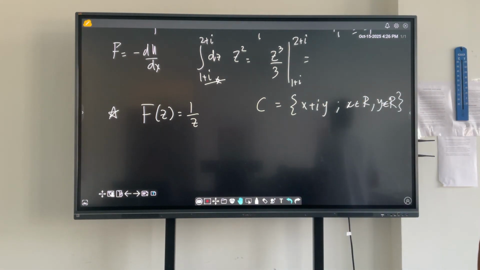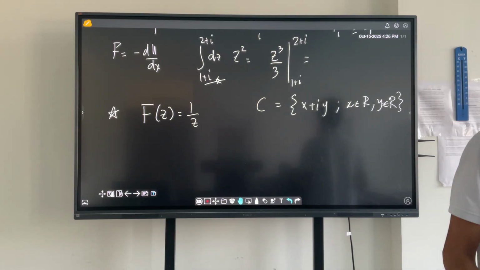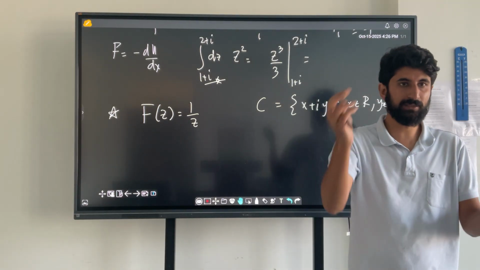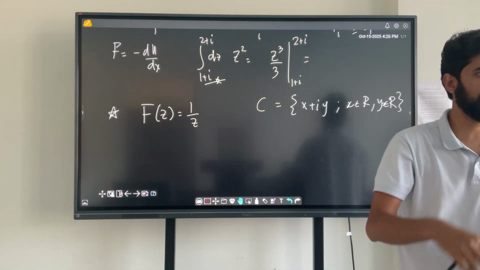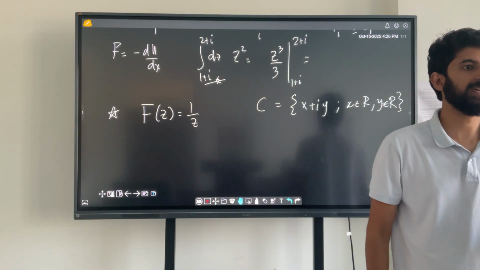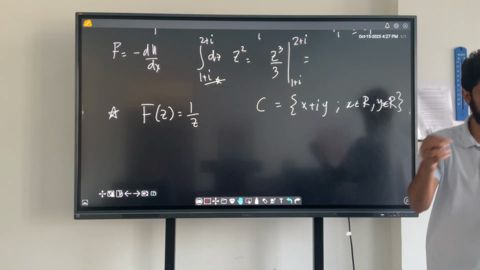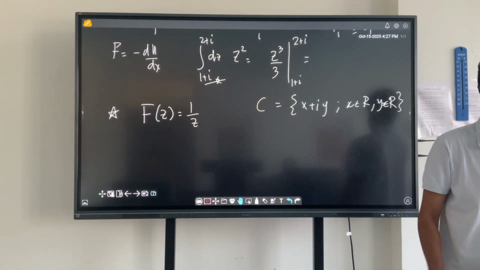If you want to define it for z equal to 0, you have to add one more number to the complex plane, the infinity. When you add this infinity to the complex plane, you define something called the extended complex plane. This is a set, you can add one more element to that.